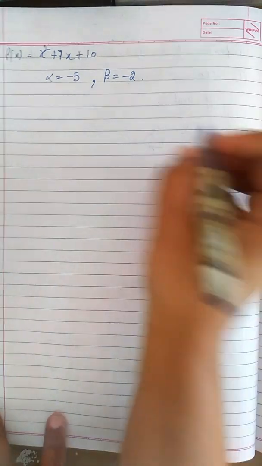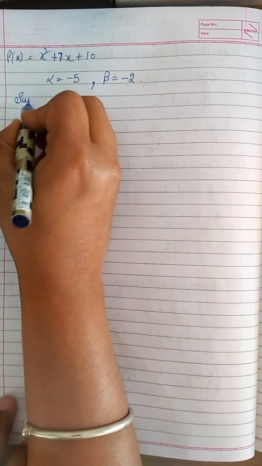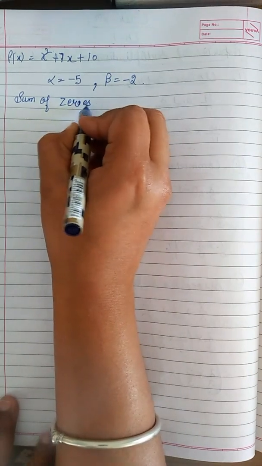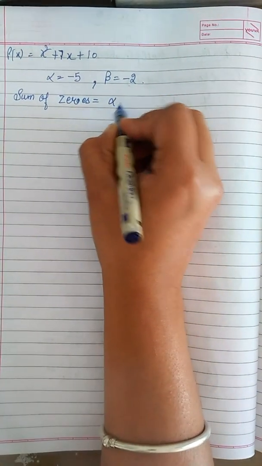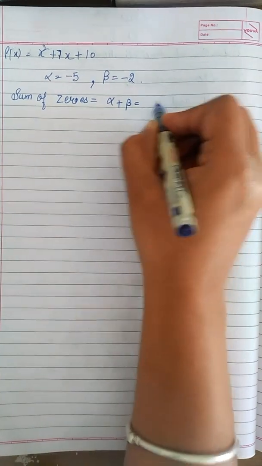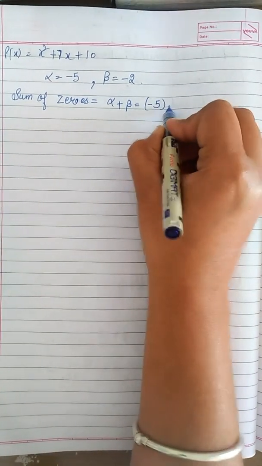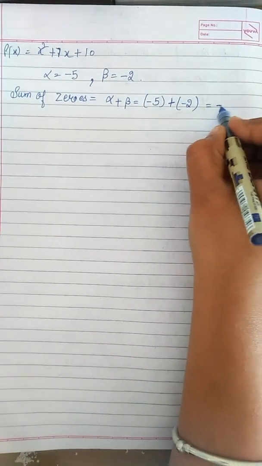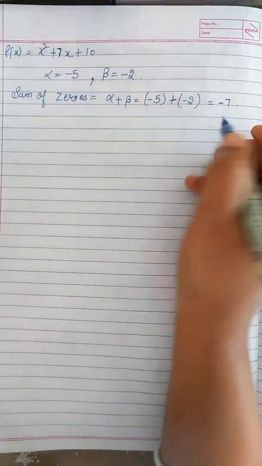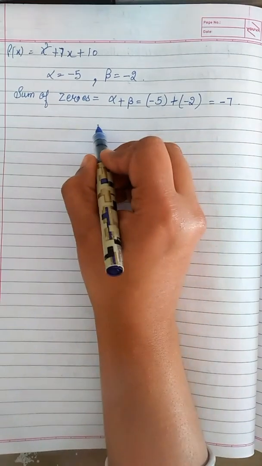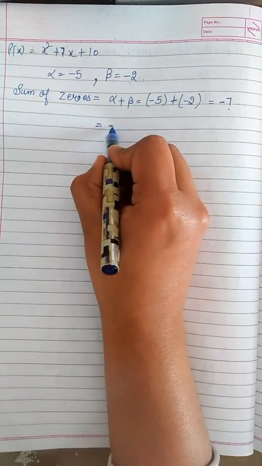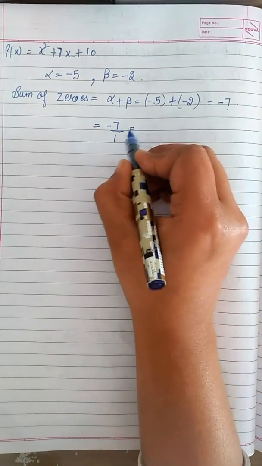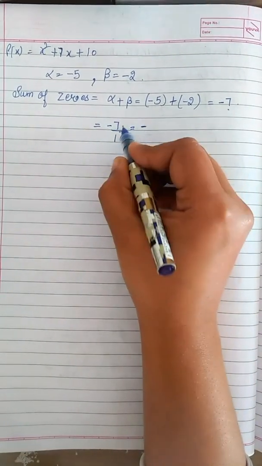So, now first of all we find the sum of zeros. Sum of zeros is equal to alpha plus beta, that is equal to minus 5 plus minus 2, that is equal to minus 7, or we can write minus 7 as minus 7 upon 1. So what is the 7?